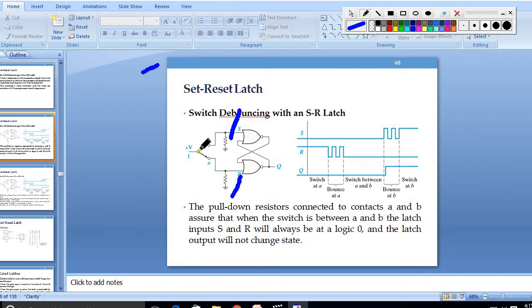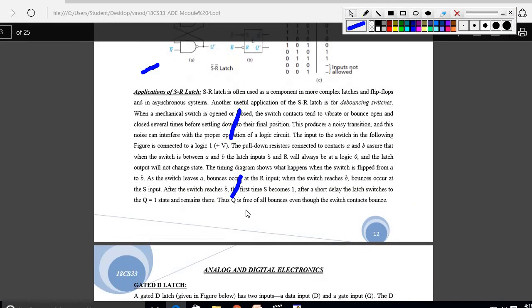When the switch is connected to B, it will bounce at B, at the S input. So this is switch at B. If it is connected to A, the switch will bounce at A at this particular R input. When the switch is connected to B, it bounces at B at the S input. This is exactly the switch debouncing concept.